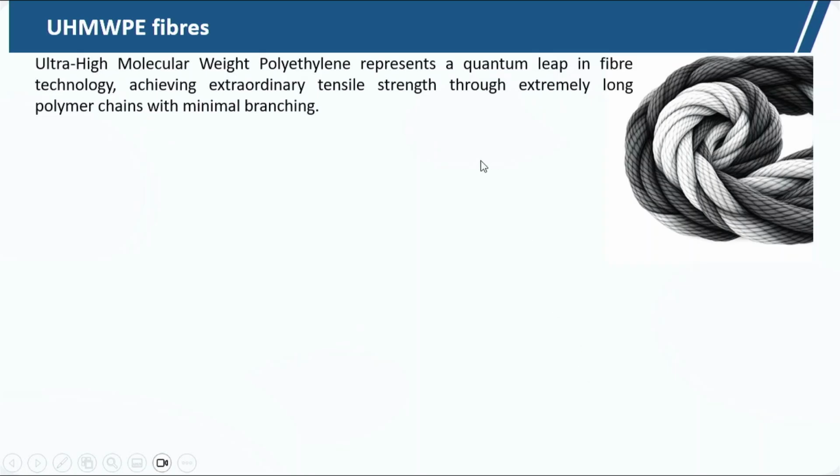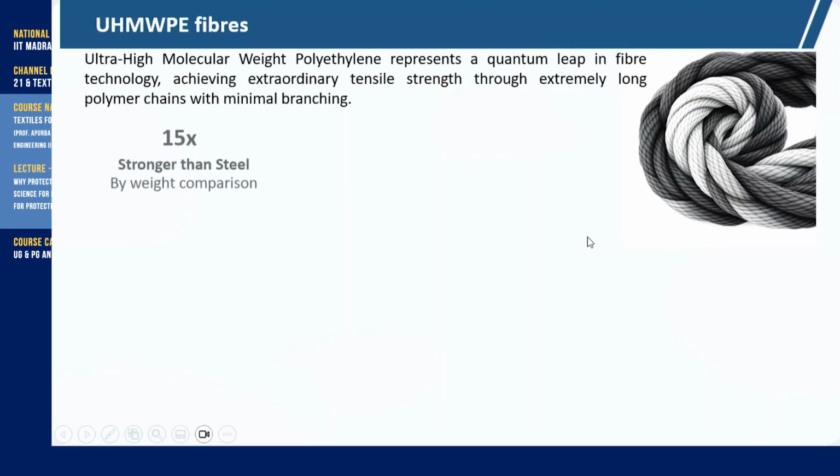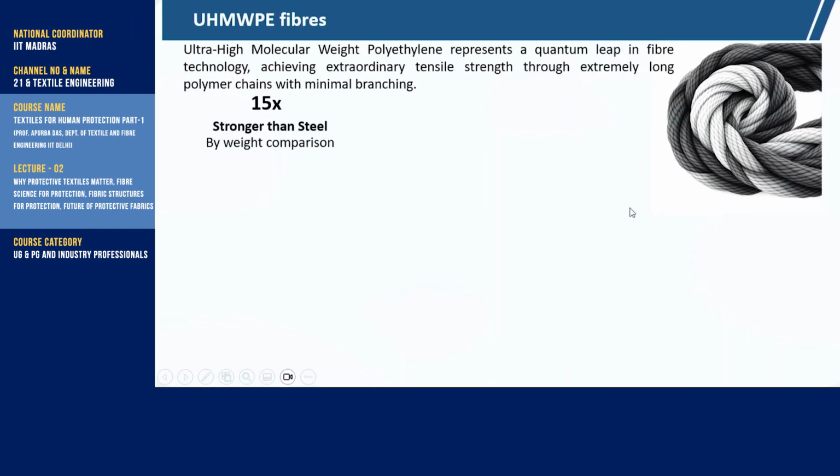Ultra high molecular weight polyethylene fiber, this is also, this represents the quantum leap in fiber technology, achieving extraordinary tensile strength. Okay. It has very good tensile strength due to its extremely long polymer chain. Okay. And if you see, it is 15 times stronger than steel by weight comparison.